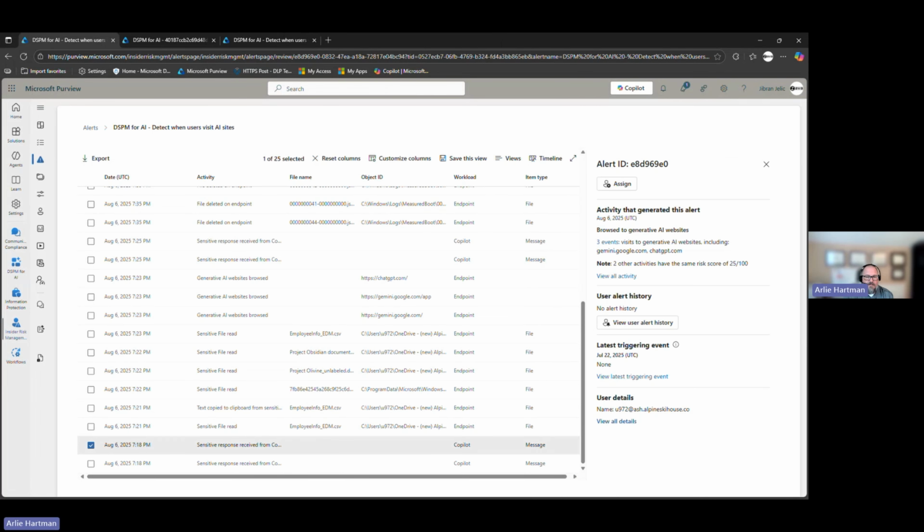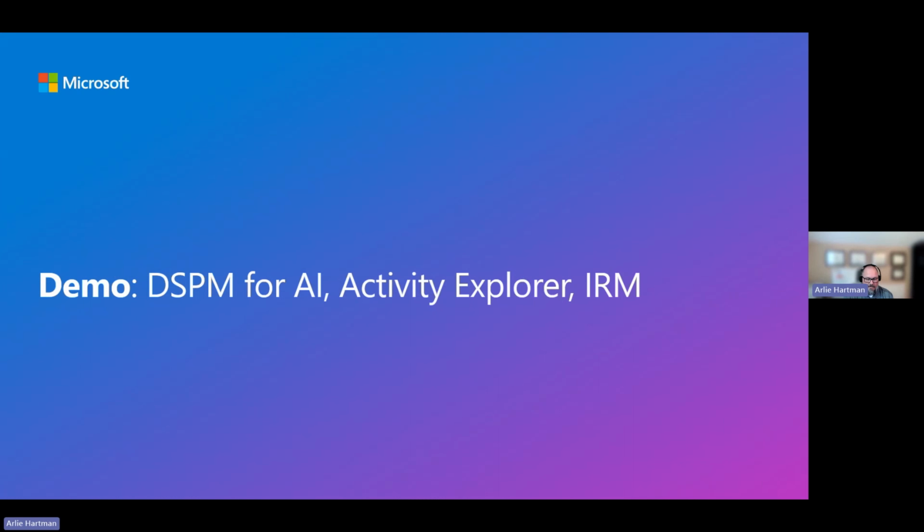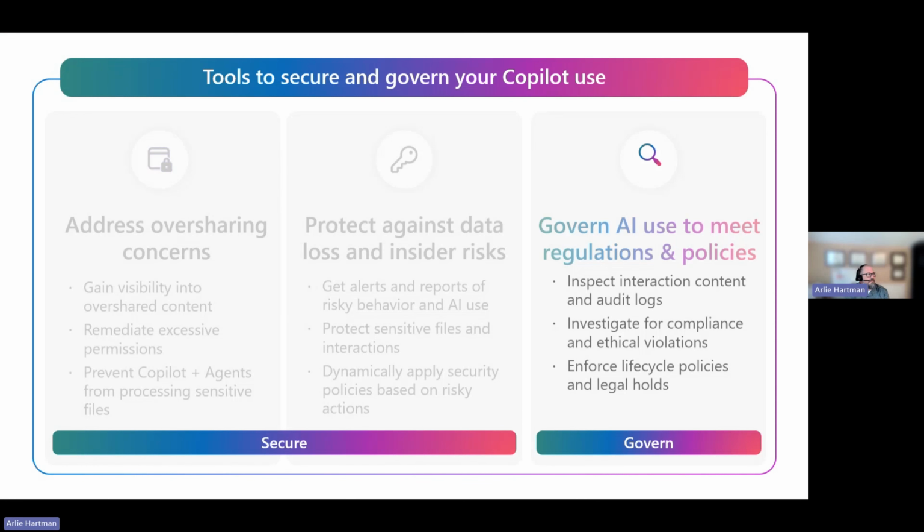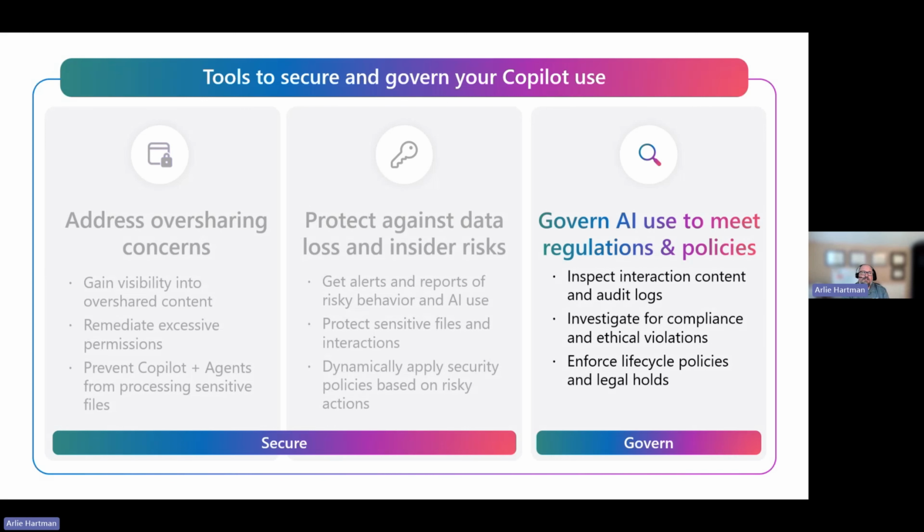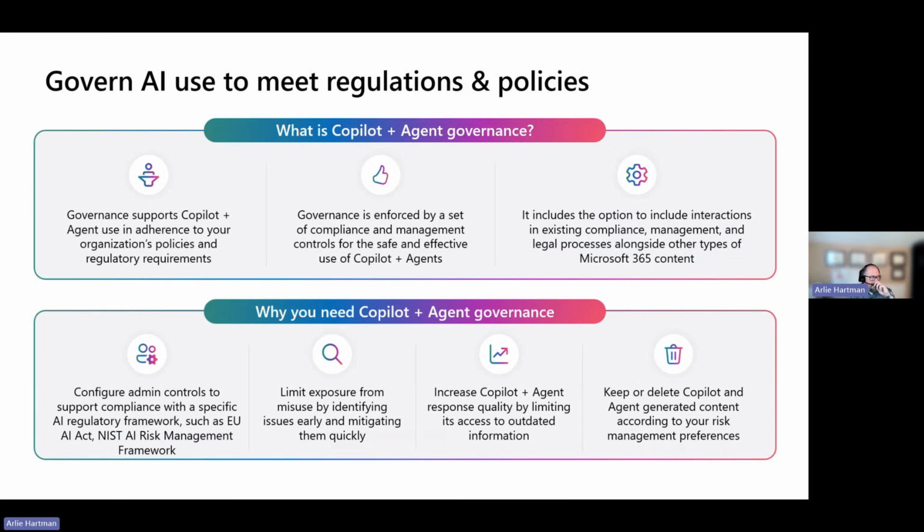All right, well, let's get back to the presentation. We're going to talk about governing AI use to meet regulations and policies. We're going to make sure that Copilot and agents adhere to the organizational policies and regulatory requirements.